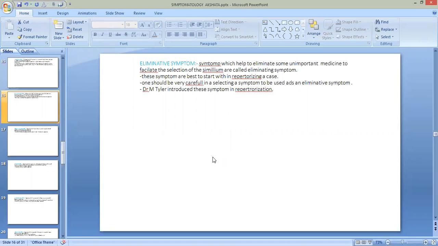So as these symptoms help us to find out the group of similars, or they help us to find out the simillimum, while selecting the eliminative symptom, the physician or the homeopath who is selecting such symptoms should be very careful. Dr. M. Tyler introduced these symptoms in repertorization.